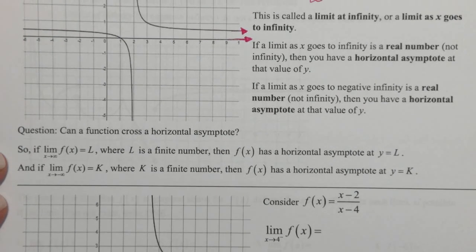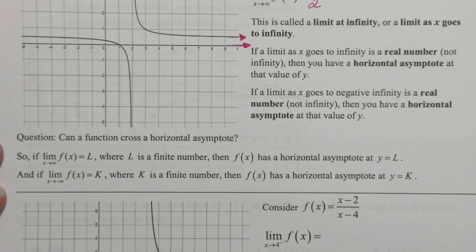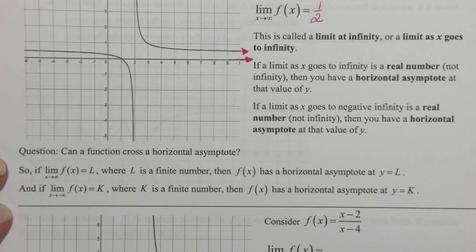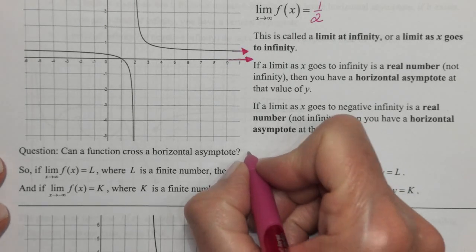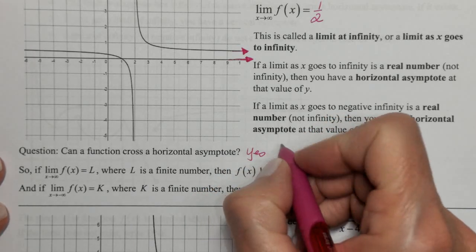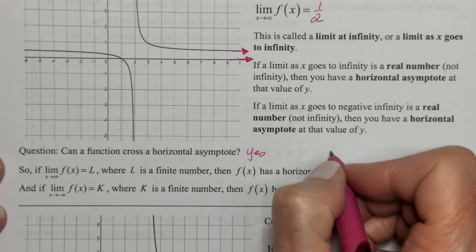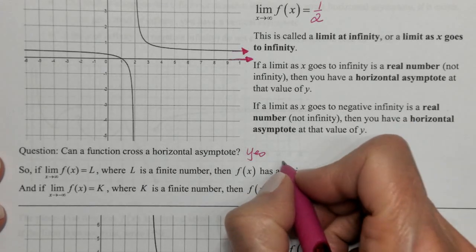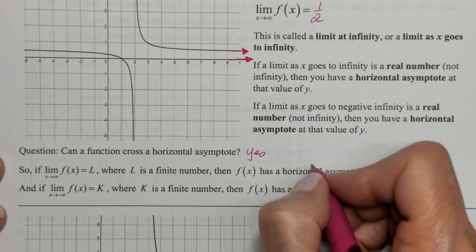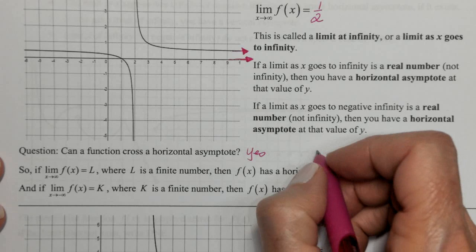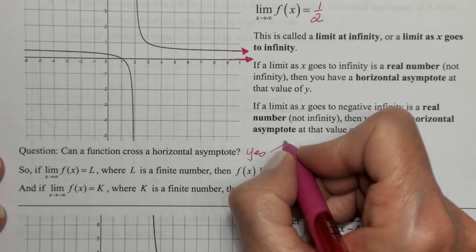All right, question. Can a function ever cross a horizontal asymptote? And the answer is yes, it can. A horizontal asymptote only tells you what is happening as x approaches positive infinity or negative infinity. It tells you nothing about what's happening to the function in between there. So you might want to write that down for your notes.